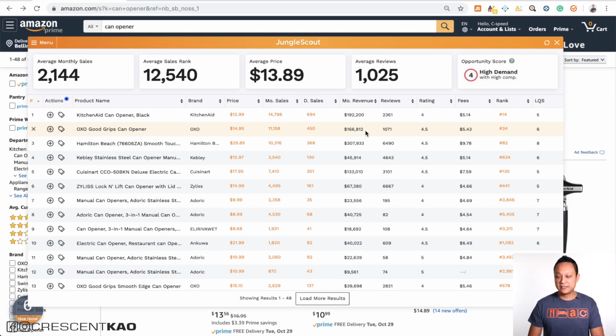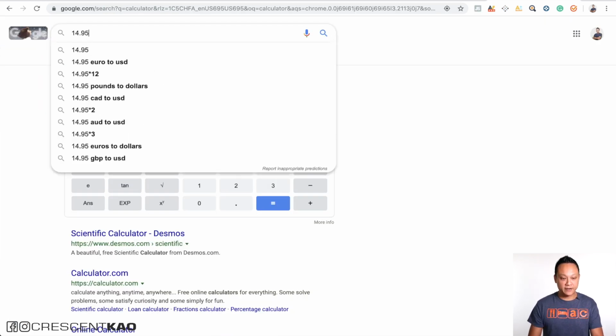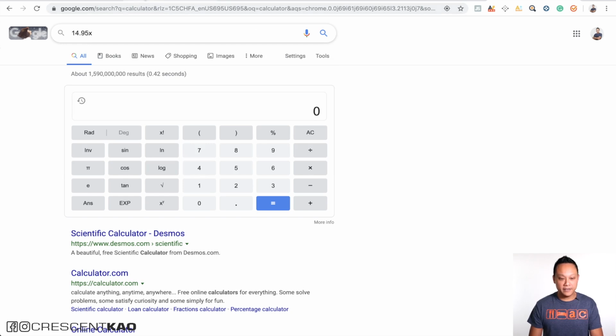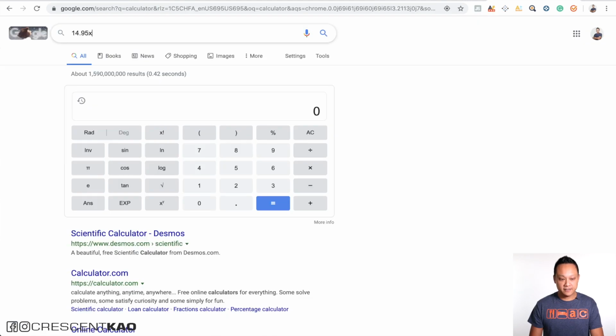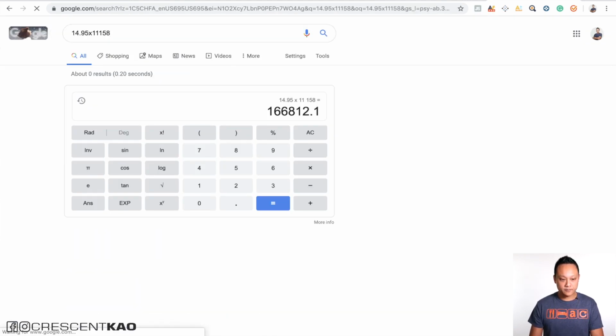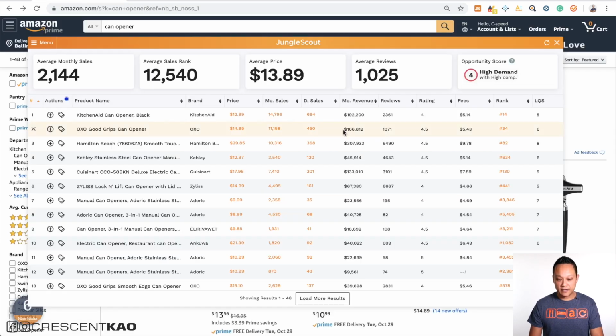So the math of this is, if we go to a calculator and we type in $14.95 and multiply that by 11,158, you'll see that the total revenue is $166,812, which is this value right here. Okay, so that's where the revenue figure comes from.